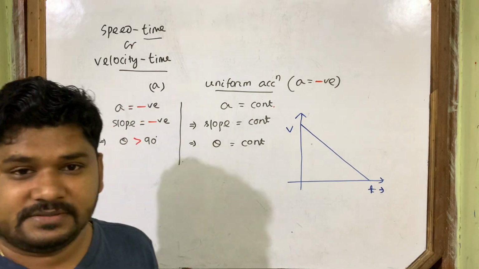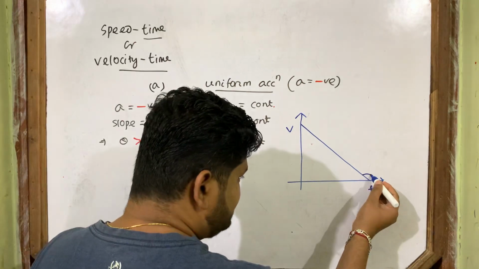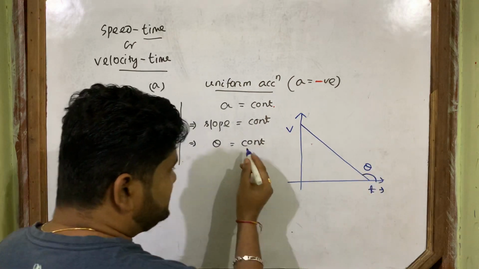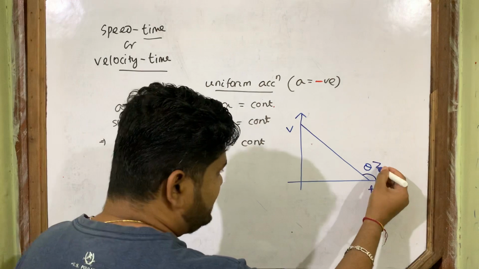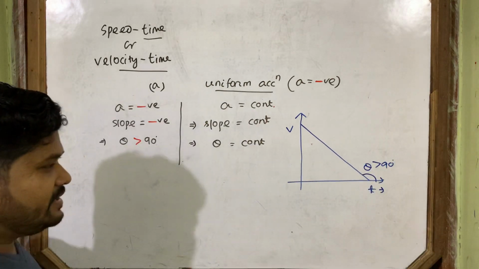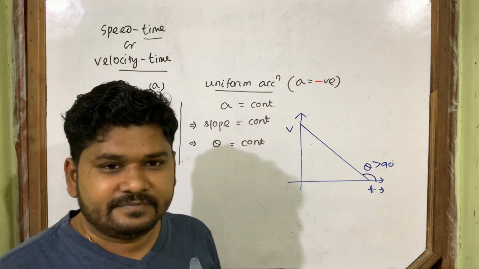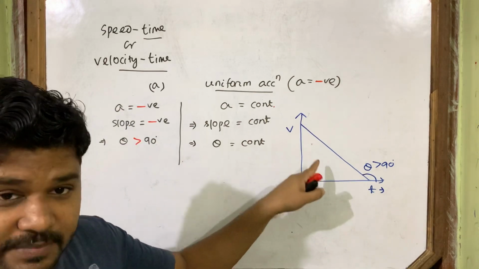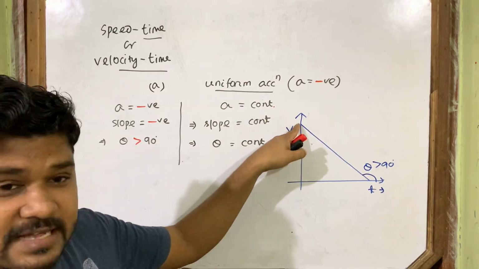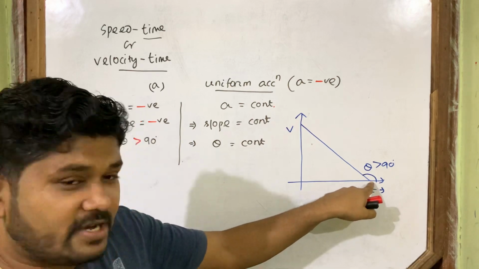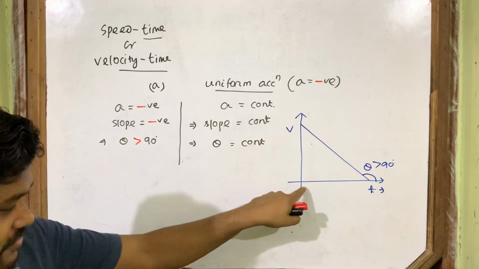Obtuse angle. Okay, where obtuse angle? Here. Theta constant, that's right, and theta greater than 90 degree. Here acceleration is negative. This indicates the body initially it has some velocity, and finally when it comes to here means its velocity 0.